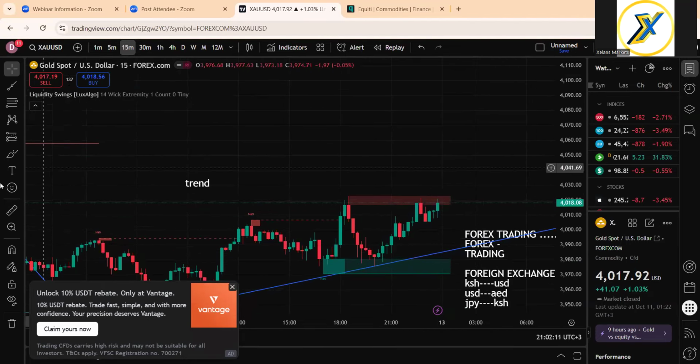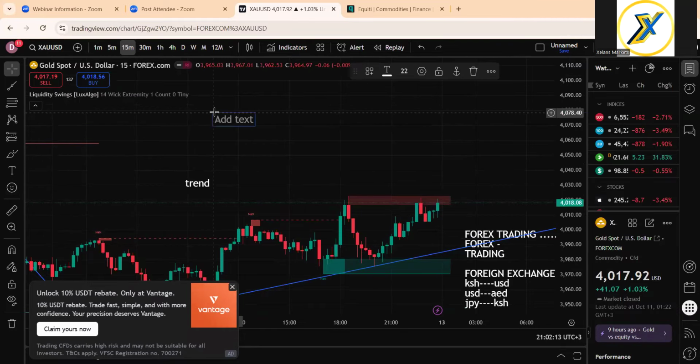Let me just write it here so that you can know. Lower lows and higher highs.